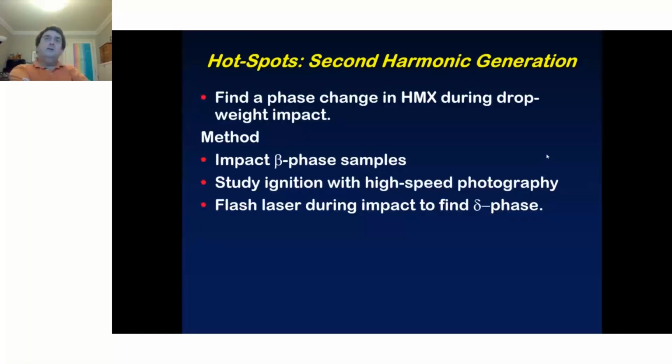Now, delta phase is a high temperature phase, so we will be able to track the formation of delta phase and have a kind of thermometer showing that there is a high temperature in certain regions, and then see if those regions are associated with hotspot breakout.